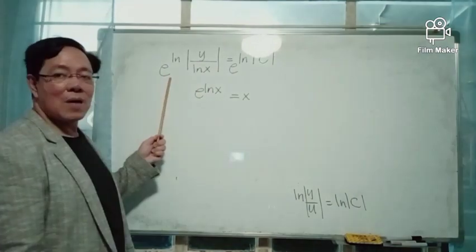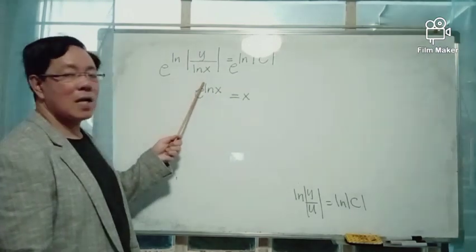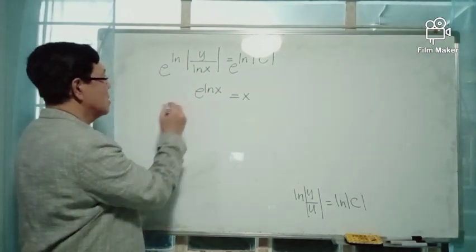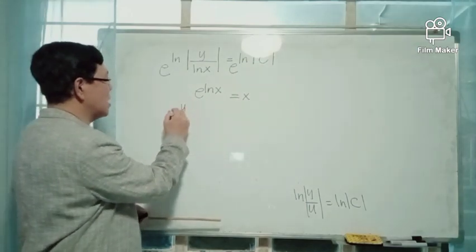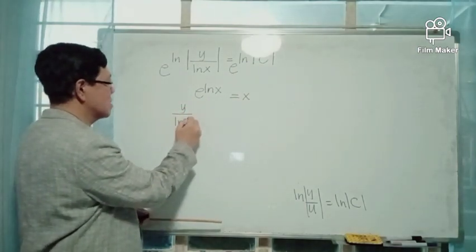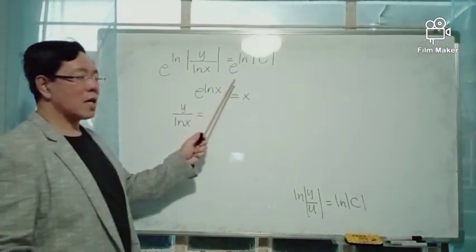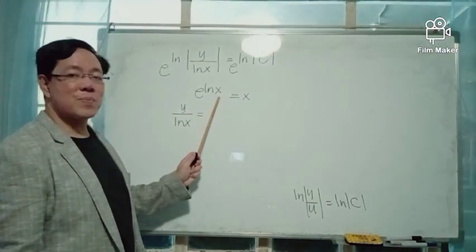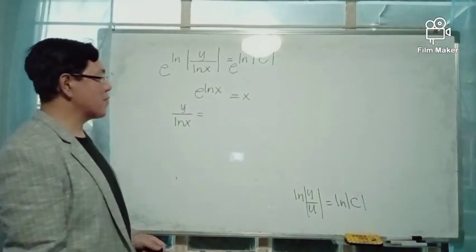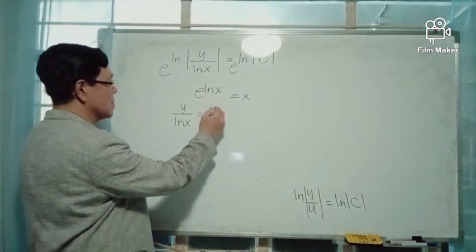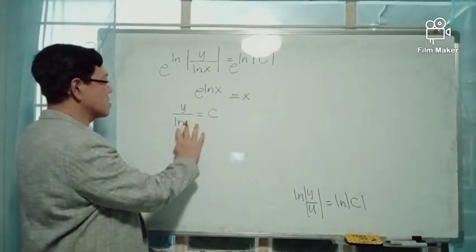In the left-hand side, your x in this property is y over ln of x. Hence, the left-hand side simplifies to y over ln of x equals, the right-hand side, your x in this property is c. Thus, the right-hand side simplifies to c. Or we multiply both sides by ln of x.